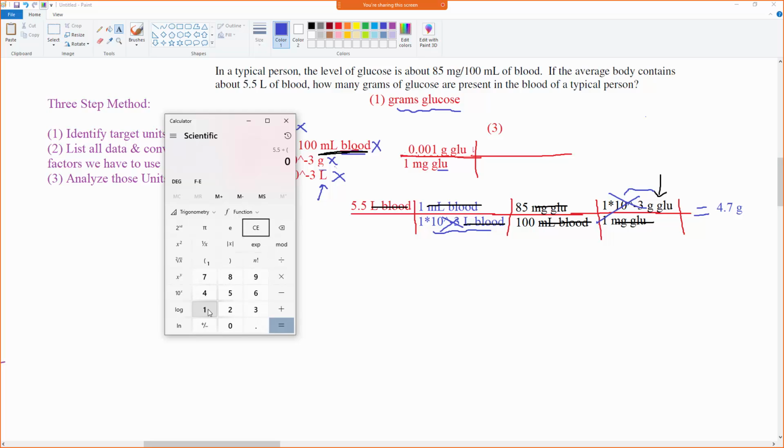All right, 1 times 10 to the third negative, close parentheses. There we go. Multiply that by 85, divide that by 100, multiply that by 1 times 10 to the third negative, equals 4.7 grams. All right, how do you feel about that?